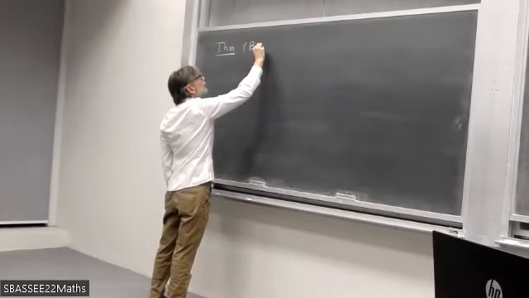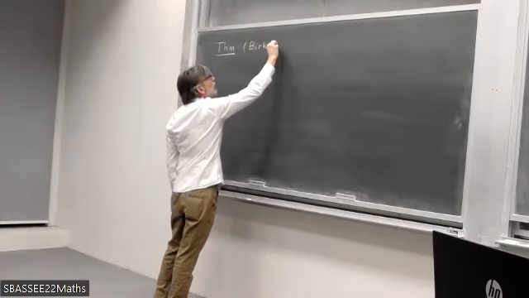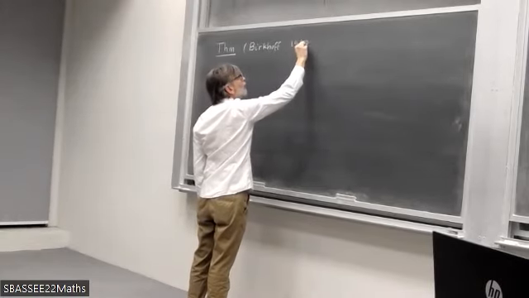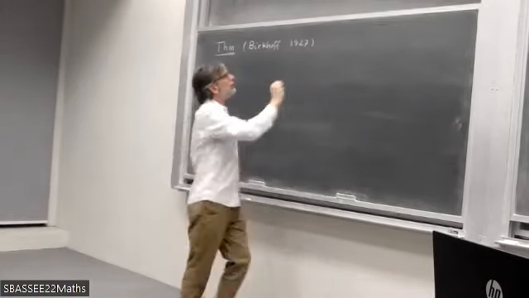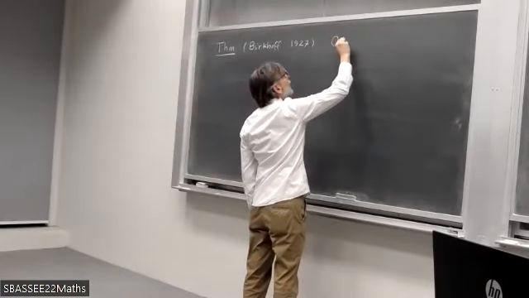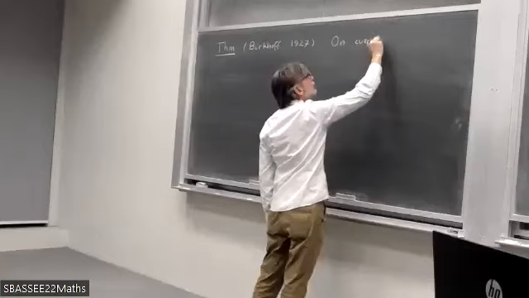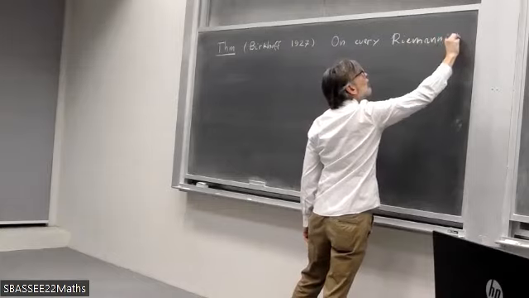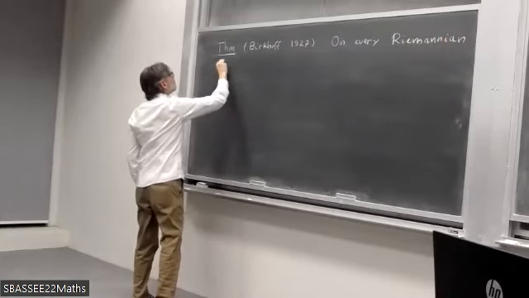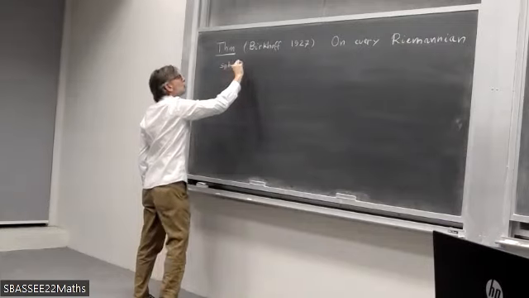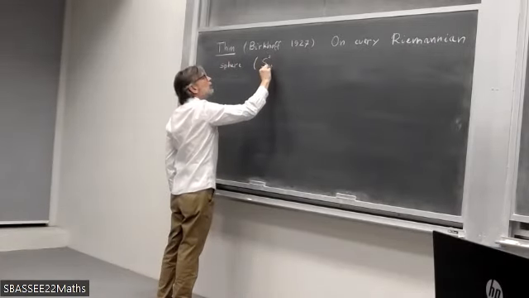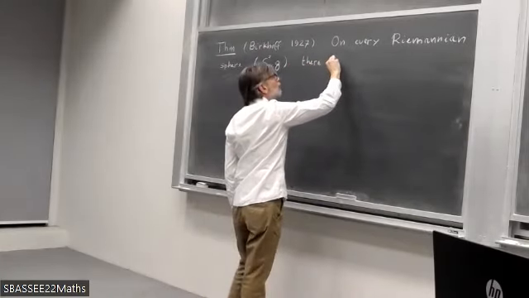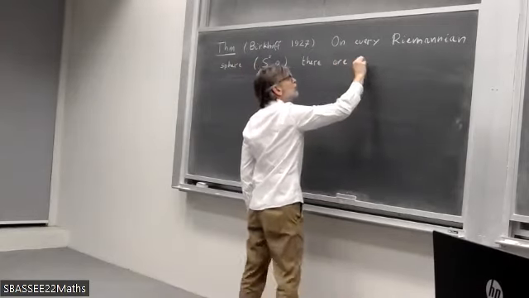So Birkhoff in 1927 proved that on every Riemannian two-sphere, two-dimensional, so it's just S^2 with a Riemannian metric, there are closed geodesics.